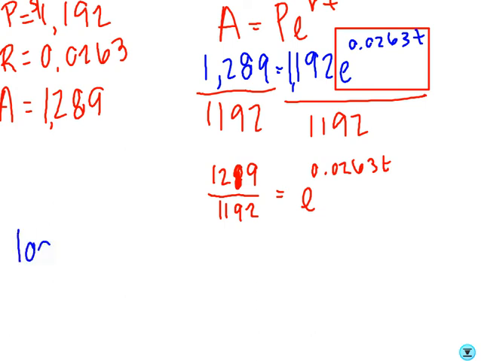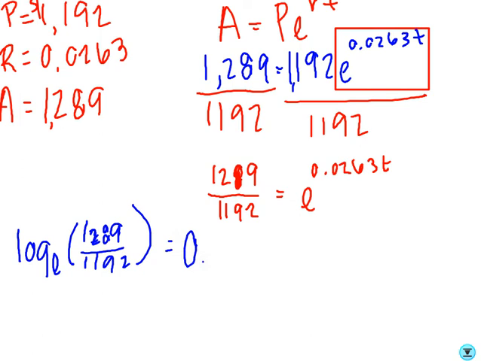So, log base e of 1289 over 1192 would be equal to 0.0263 t.